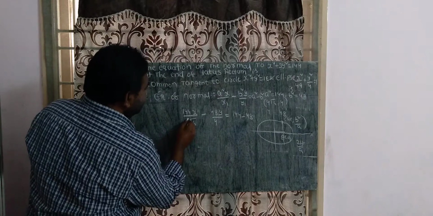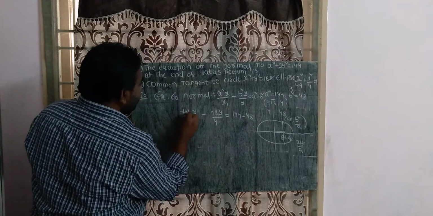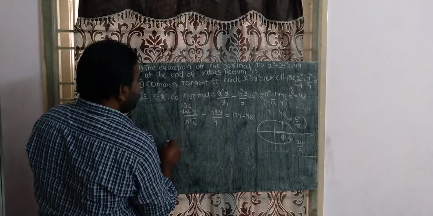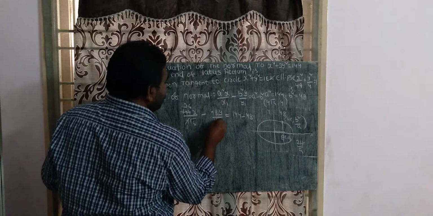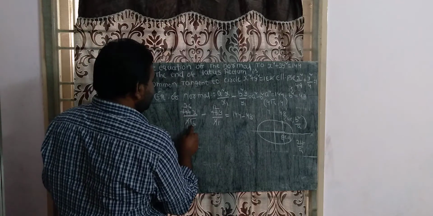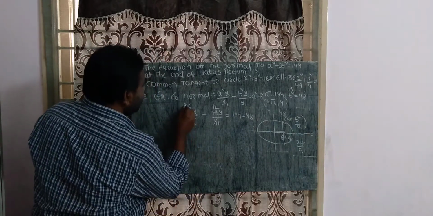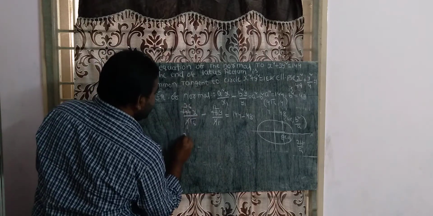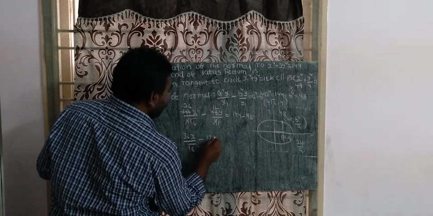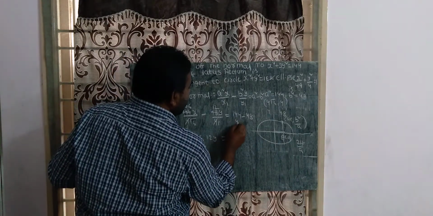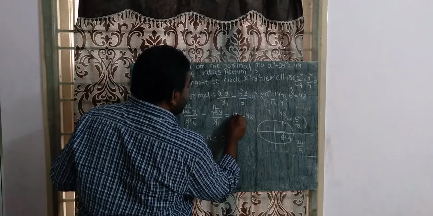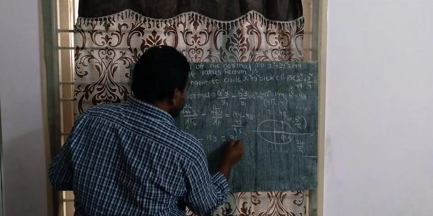So here let us cancel again. 144 divided by 4 is 36, and 48 divided by 4 is 12. So the remaining result is 36x by root 6 minus 12y is equal to 144 minus 48, which is 96.